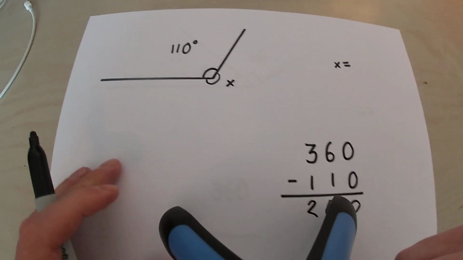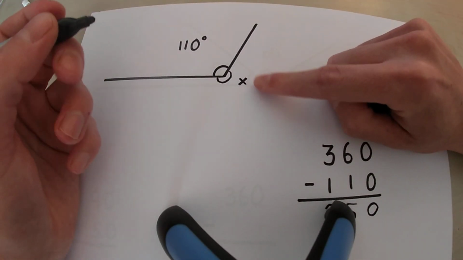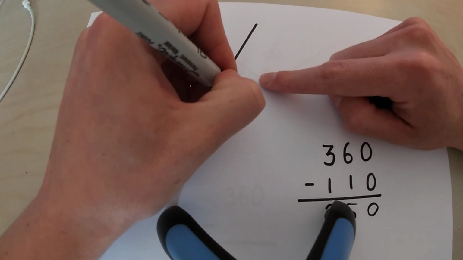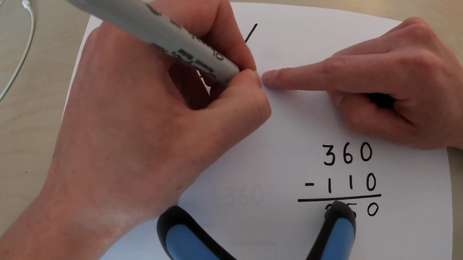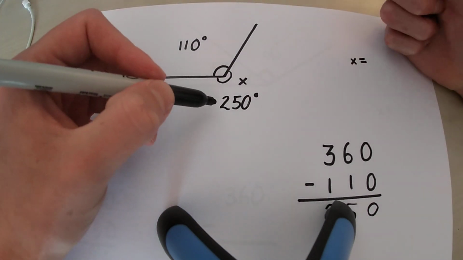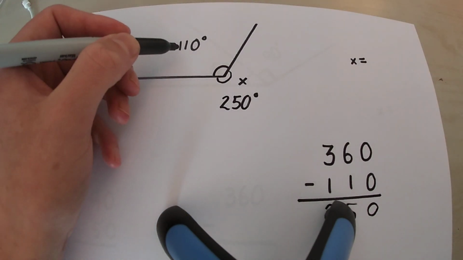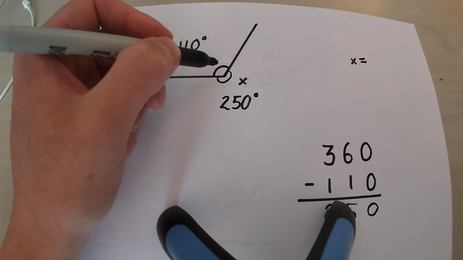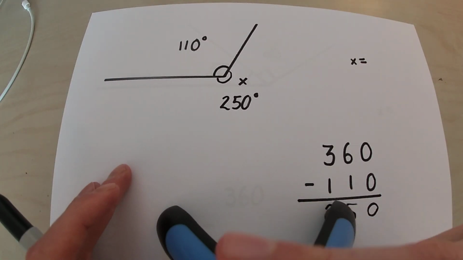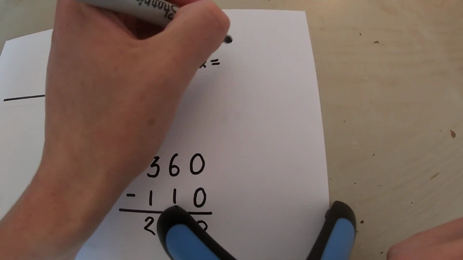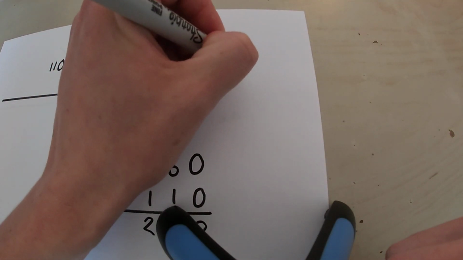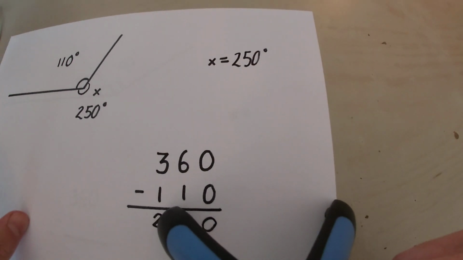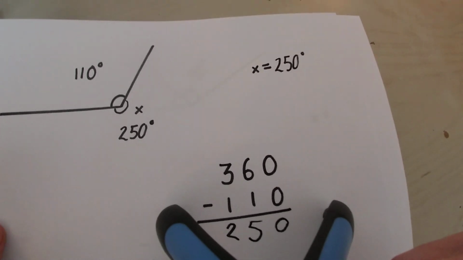So we now know that our missing angle, our X, is 250 degrees, because 250 degrees add 110 degrees equals 360 degrees, the amount of degrees there are around a point. So our X is 250 degrees. Okay, let's move on. Let's get a little bit trickier.